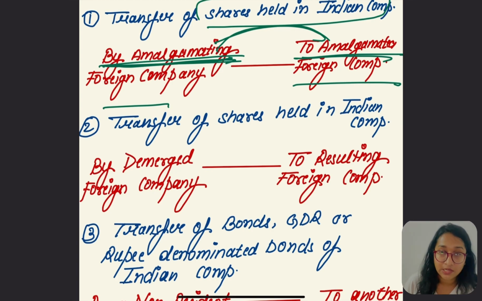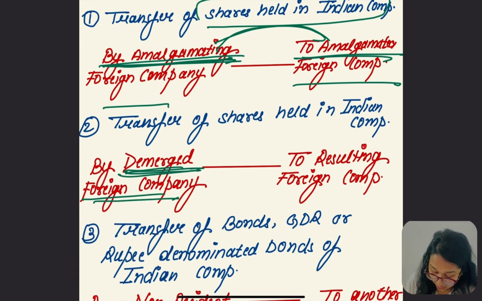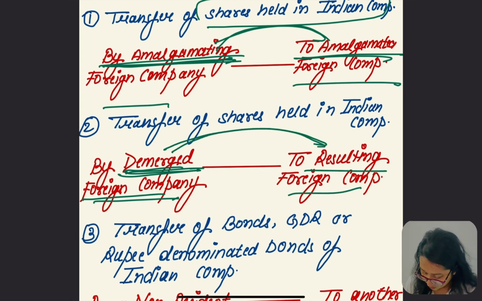The next point says the transfer of shares held in an Indian company by the demerged foreign company to the resulting foreign company. Hope this part was also clear.